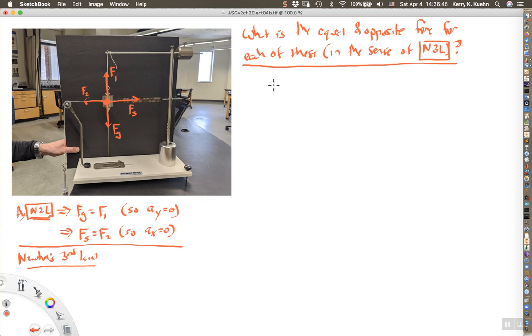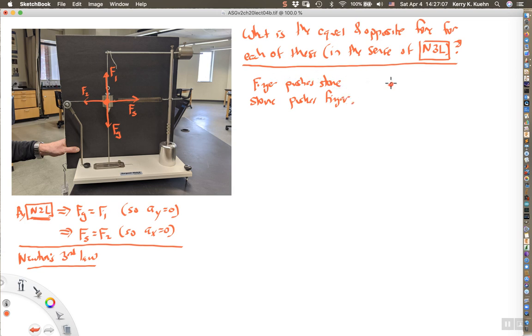And those are the two forces that are equal and opposite. Notice finger pushes stone, and stone pushes finger. These are the equal and opposite forces he's talking about.